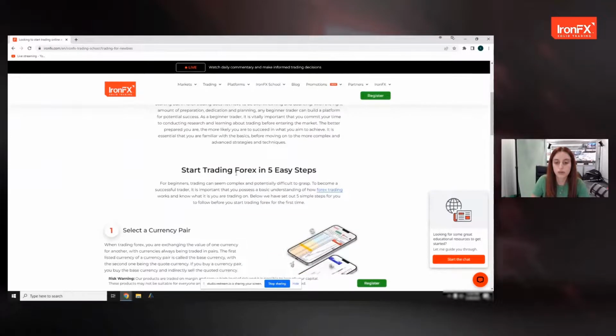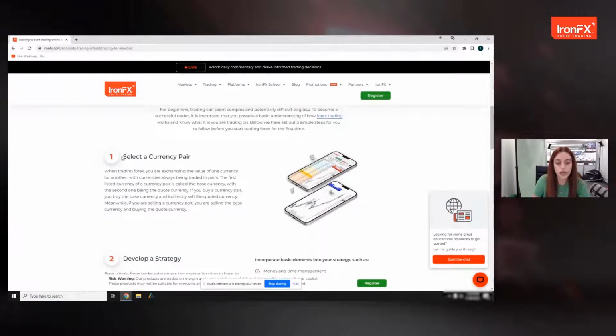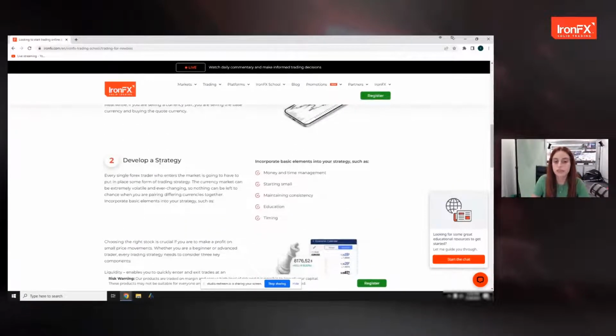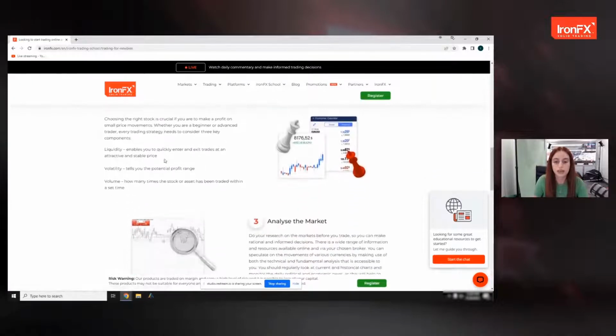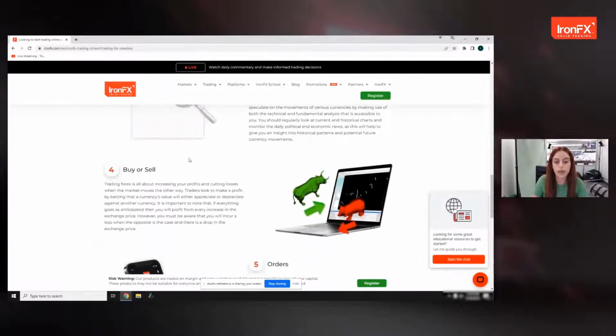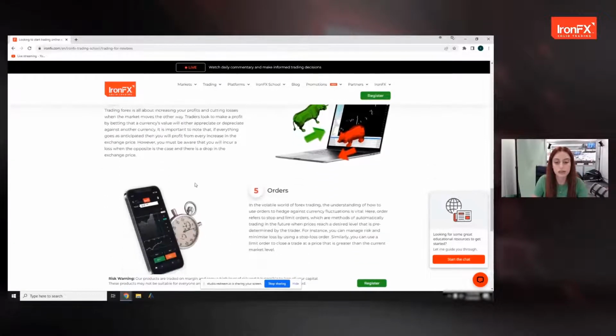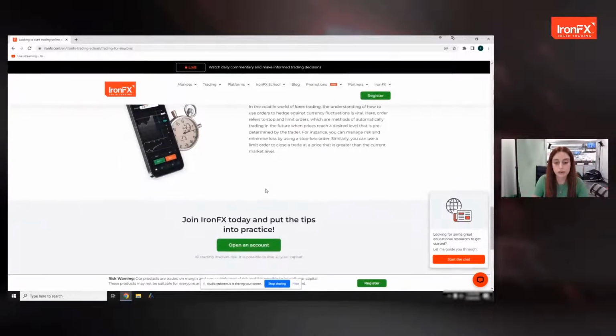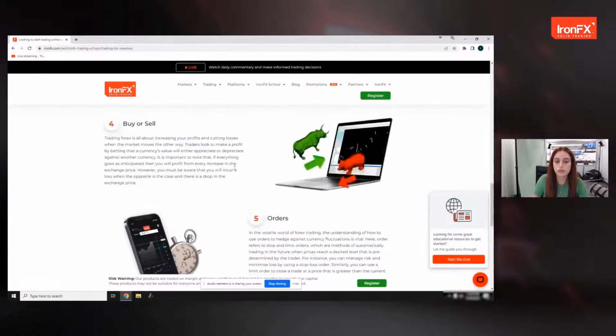Then we move on to start trading forex in 5 easy steps. So first we have select the currency pair. Then we have develop a strategy. You need a strategy when it comes to trading. You just can't go with blind eyes when it comes to trading. Then you will learn how to analyze the market. Then we have the buy or sell, the orders, and that's it when it comes to it.